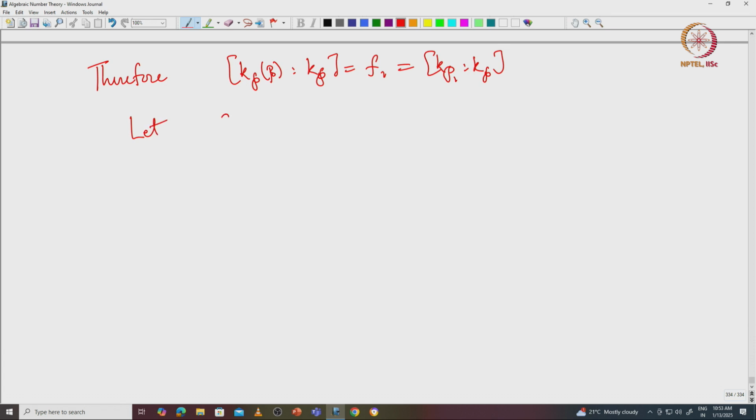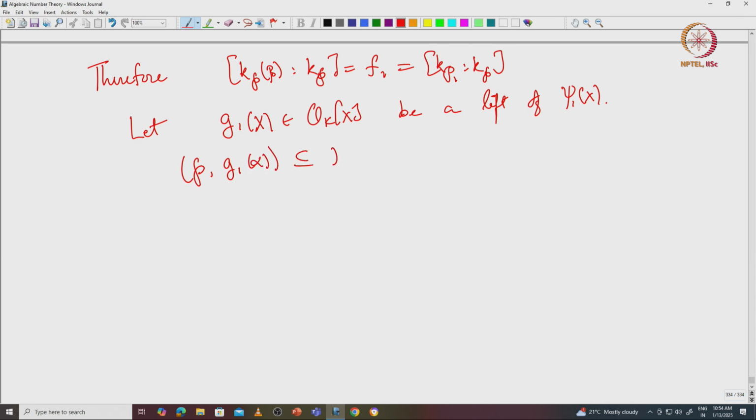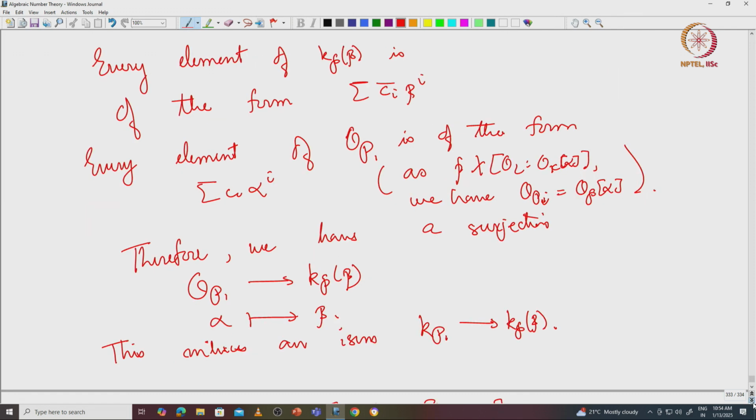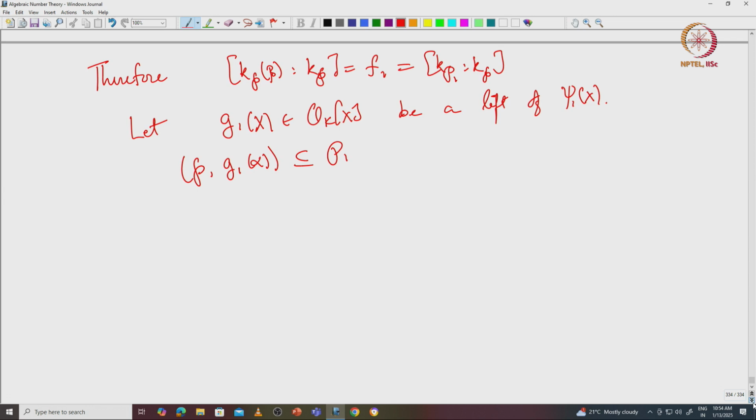So, let g_1(x) in O_K[x] be a lift of psi_1, then we have that the ideal generated by p and g_1(alpha) is contained in P_1. I hope I wrote alpha there. Yeah, this statement makes no sense. I mean, x is a variable, I should have alpha here. Okay. So, this is contained in P_1 and I want to show that they are equal.